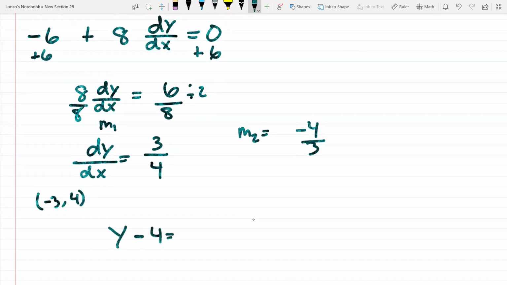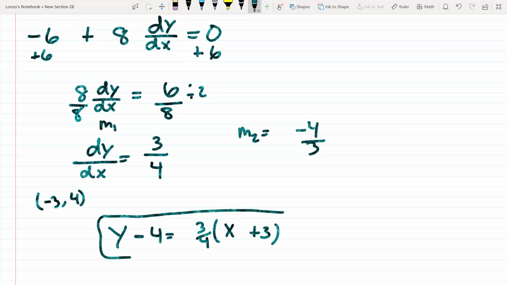My m1, or dy dx, is 3/4. And then it's x minus x1, which is -3. So 2 negatives becomes a positive, so really it's just plus 3. Okay, so this would be the tangent.